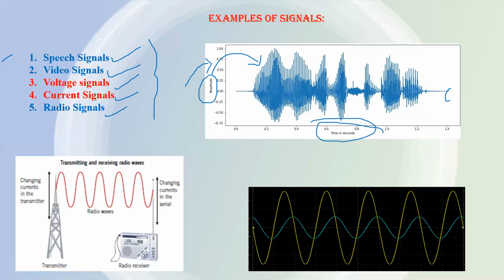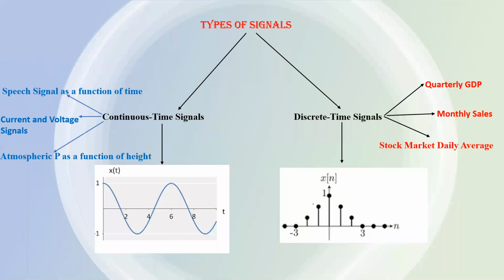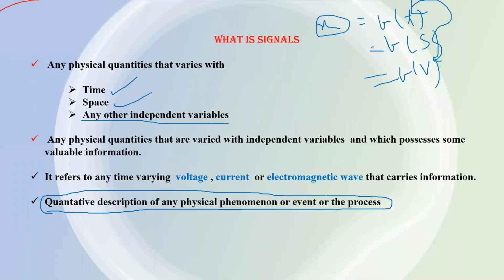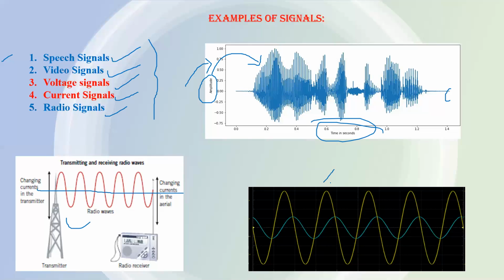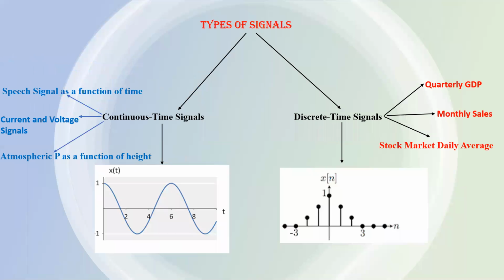So it is a signal. Here you can see how the amplitude of a radio signal is changing with respect to time. Here you can see how the amplitude of voltage and current are changing with respect to time. So these are the examples of signals. Basically, signals are categorized into two groups.